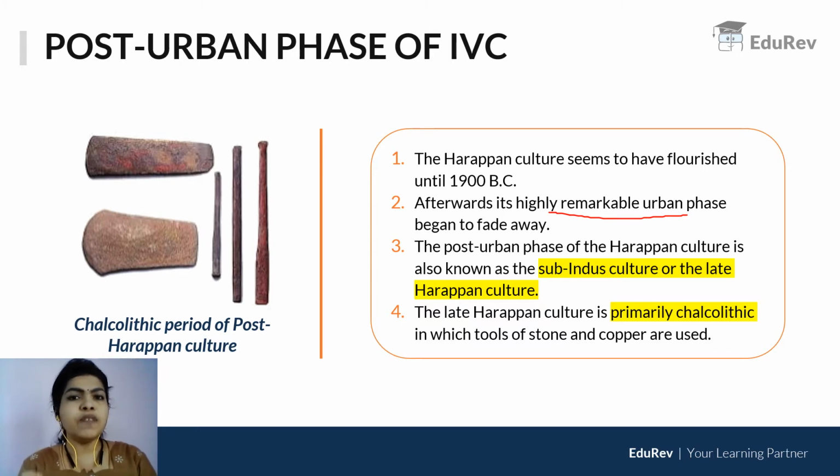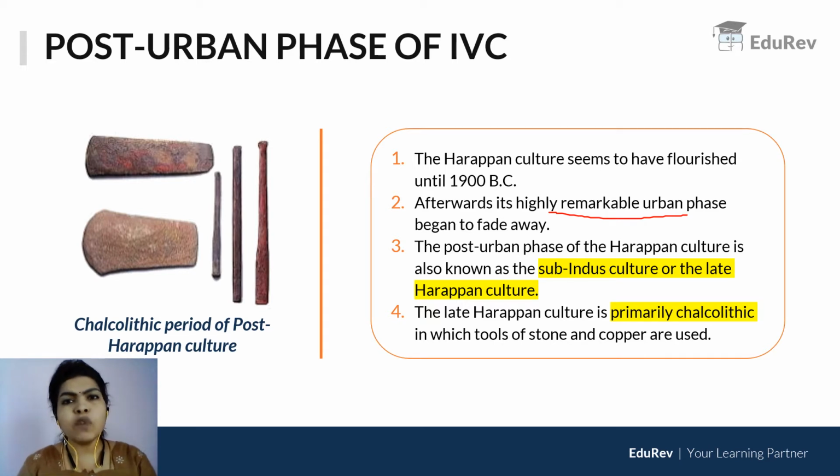Its urban phase was marked by systematic town planning, extensive calculated brickwork, and extensive metrology followed in all of the urban centers. They had standard weights and measures. They had the distinction in town planning, with one feature of citadel and one feature of lower town.